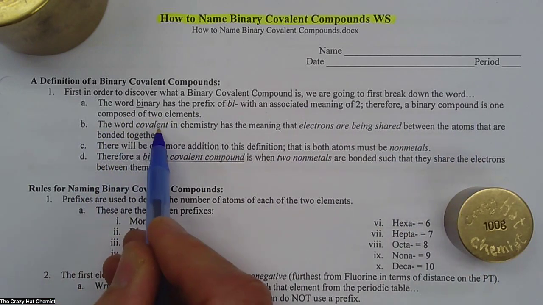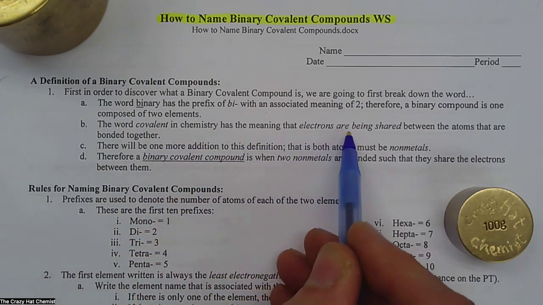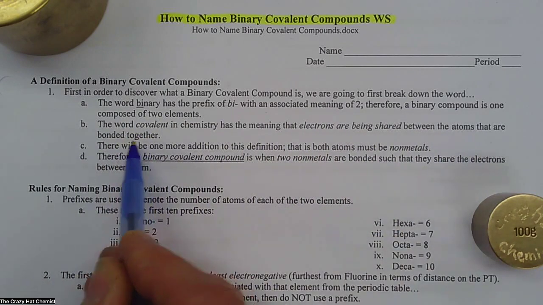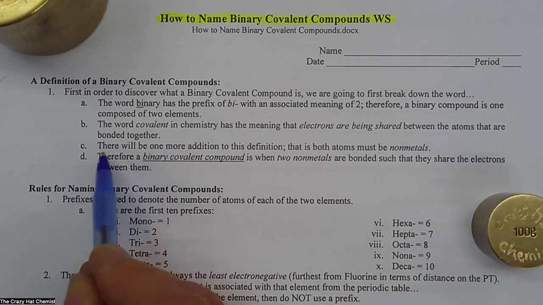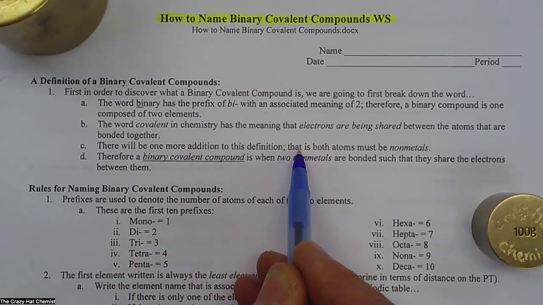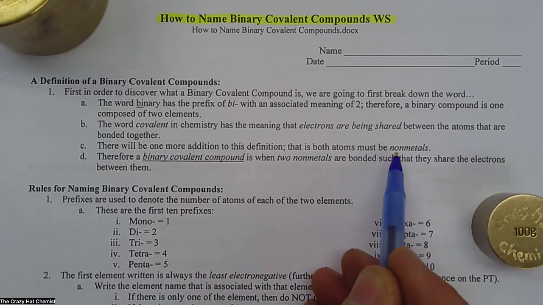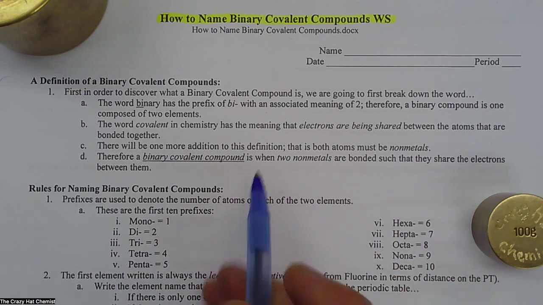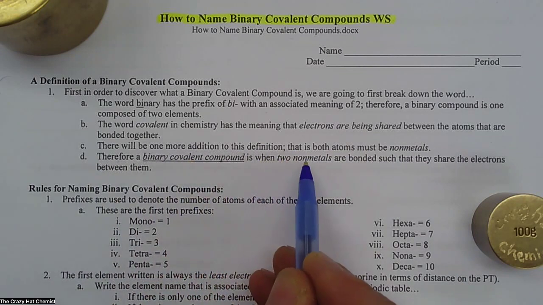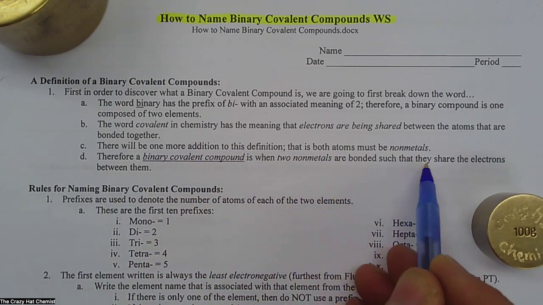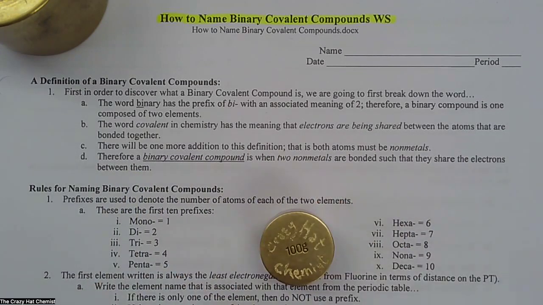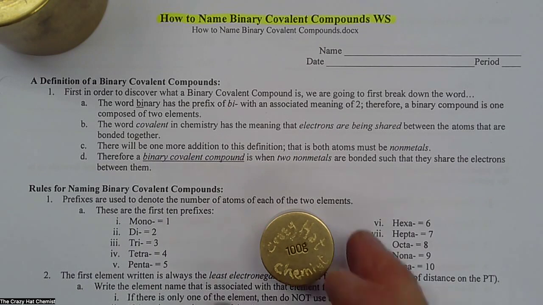B. The word covalent in chemistry means that electrons are being shared between the atoms that are bonded together. C. There will be one more addition to this definition. That is, both atoms must be nonmetals. D. Therefore, a binary covalent compound is when two nonmetals are bonded such that they share the electrons between them. All right, fantastic. Hopefully that worked out well for you for a quick little definition.